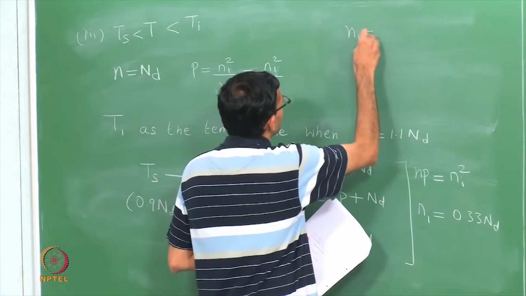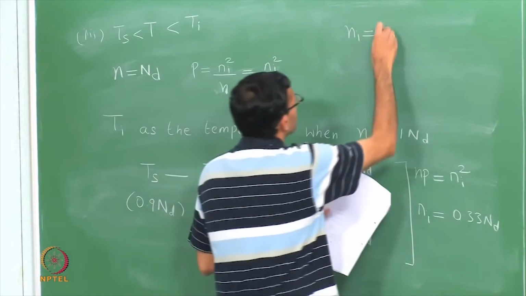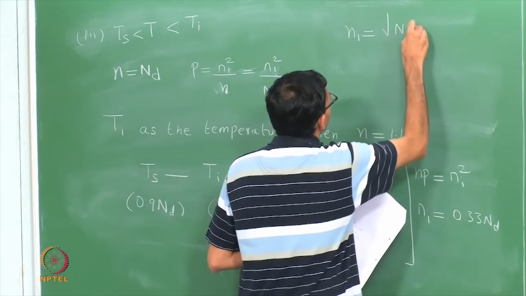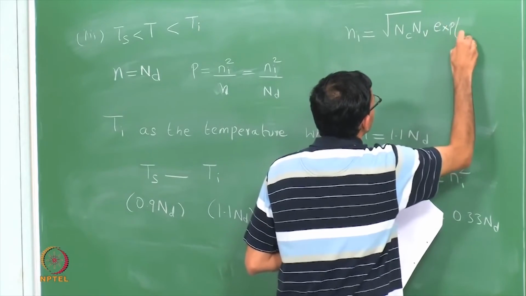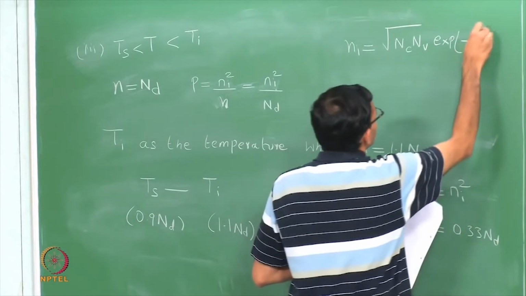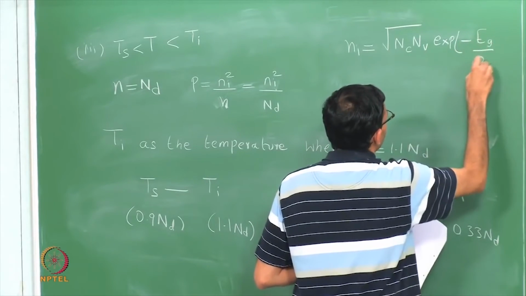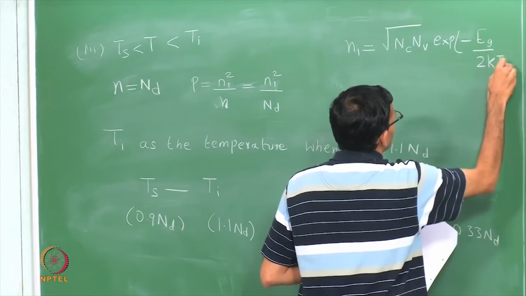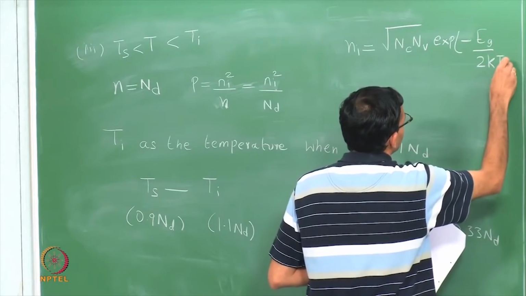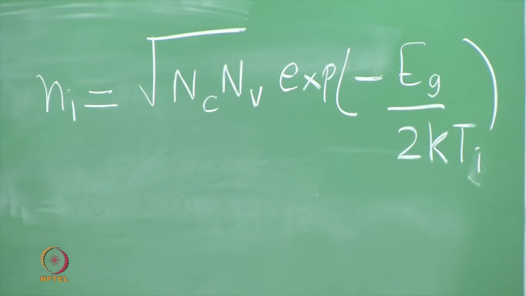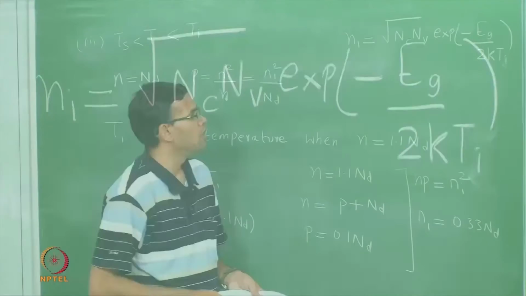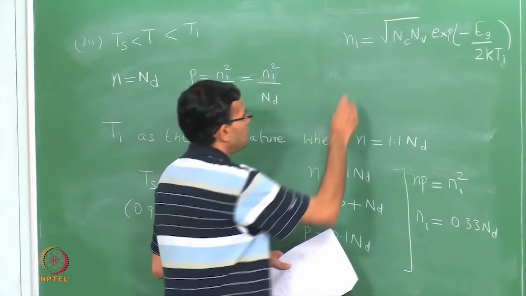We can use this expression Ni equal to square root of Nc Nv exponential minus Eg over 2kT, but now the temperature will be Ti, which is your intrinsic temperature. We can substitute in the values. Once again, we will assume that Nc and Nv are independent of temperature.